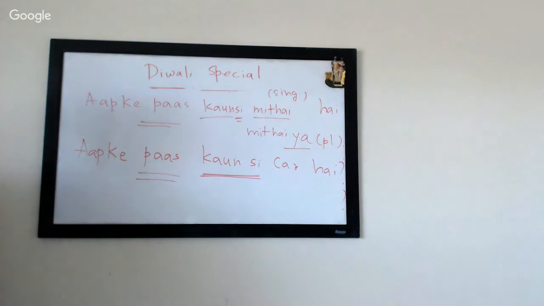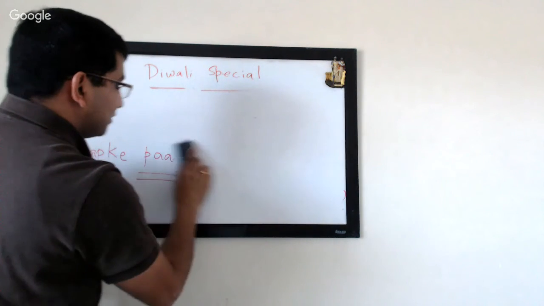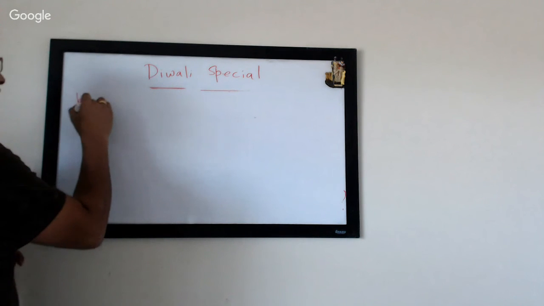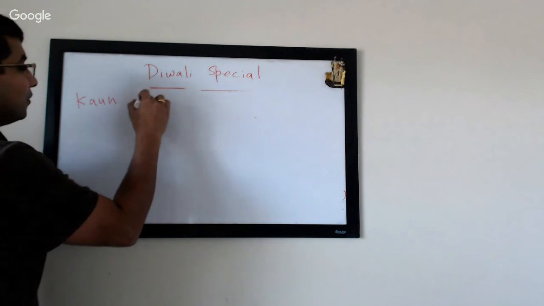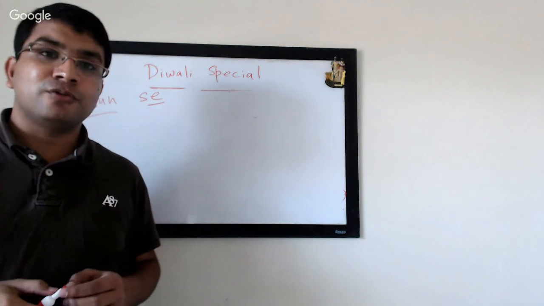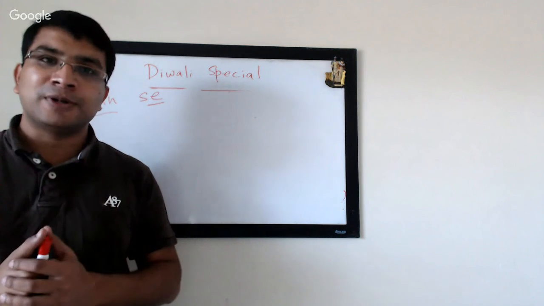Okay, let's say I just have a last section now, which is so far we have कौन सा, we have कौन सी, we have कौन से now. Because Diwali is a festival of light, people usually put lamps outside their house, right? They light it up.